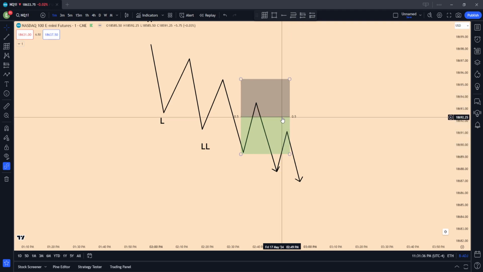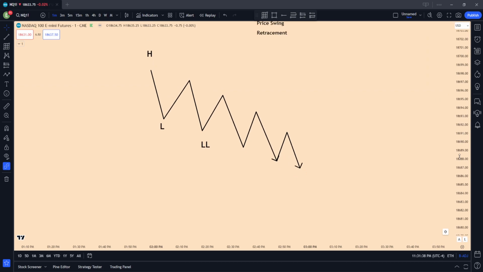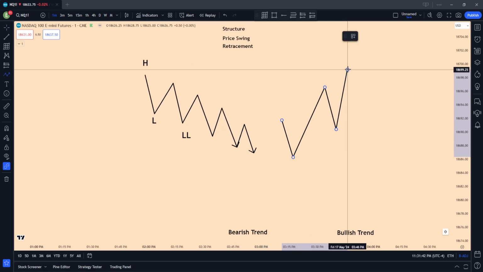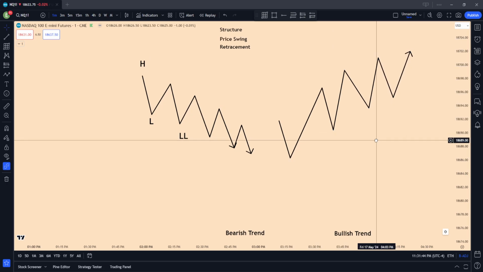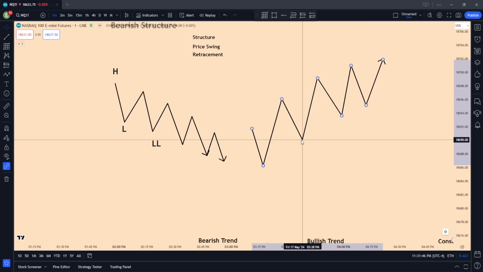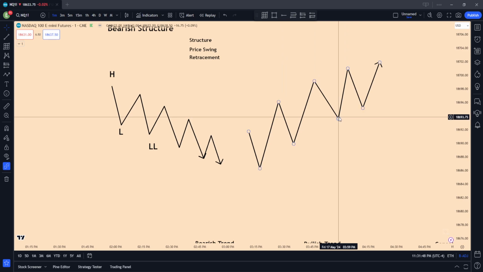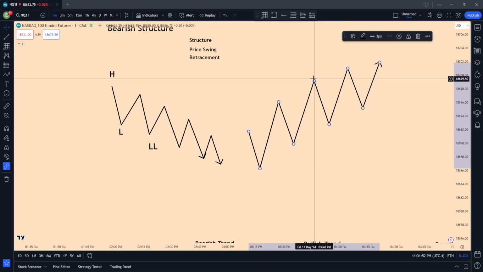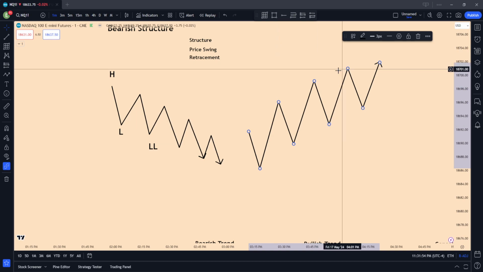And then the same thing happens with the bullish structure. So if I have bullish structure, same thing happens, okay? You have a low, a higher low, a higher high, a higher low, a higher high.